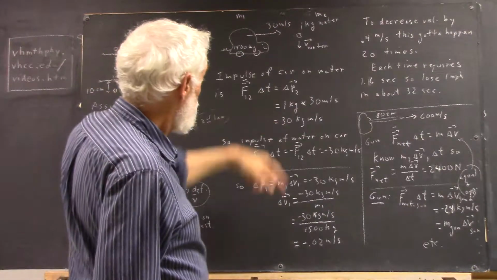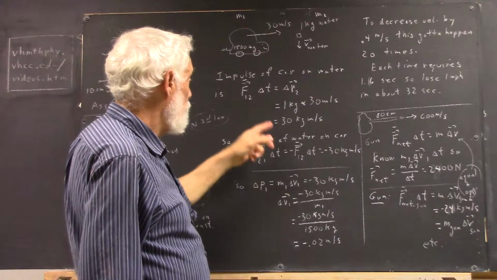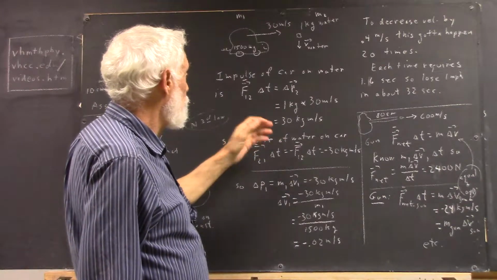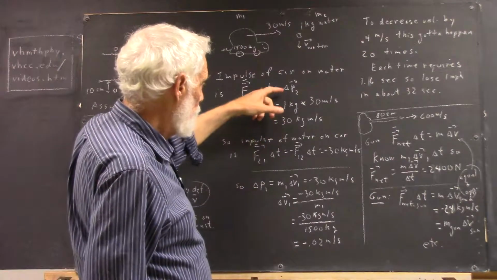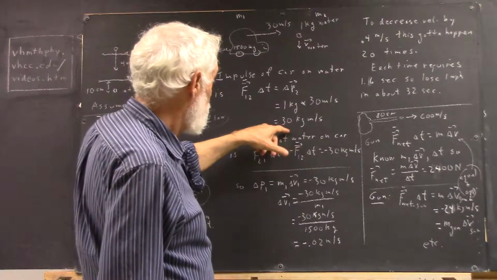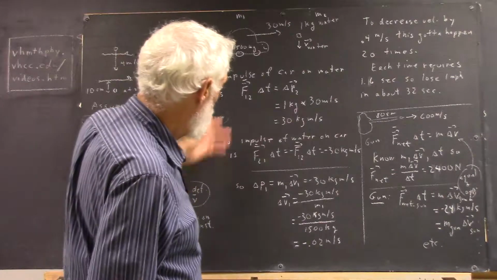So that calculation is very simple. And we find that F delta t is 30 kilogram meters per second. We calculate the mass times velocity to get that. Okay, I believe that's right.